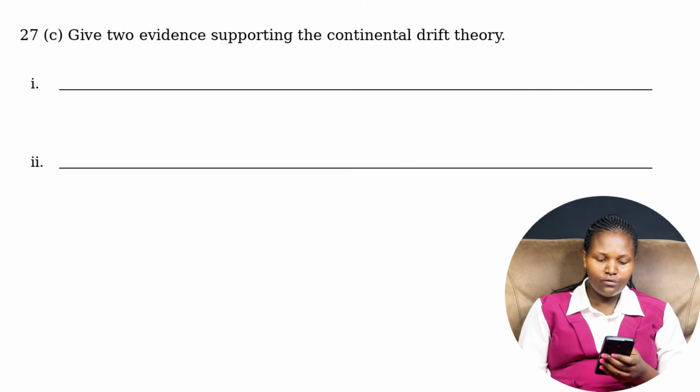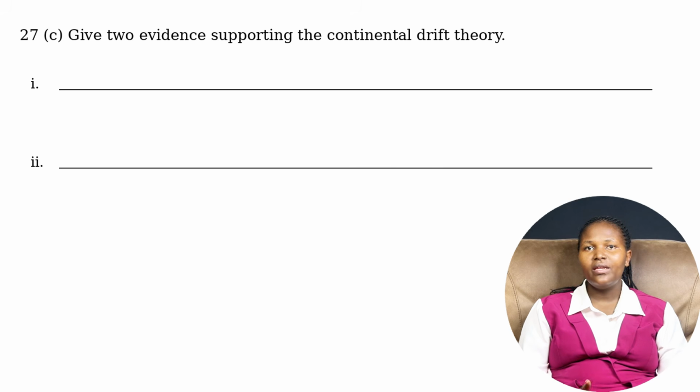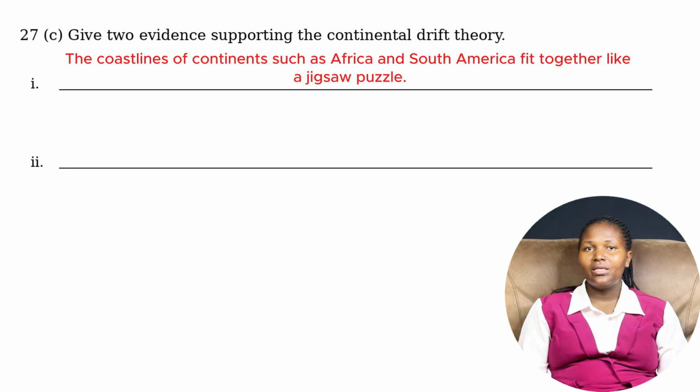27C. Give 2 evidence supporting the continental drift theory. Now 2 pieces of evidence for continental drift. Now I will talk about the coastlines. The coastlines of continents such as Africa and South America fit together like a jigsaw puzzle. That is one of the things you can talk about.